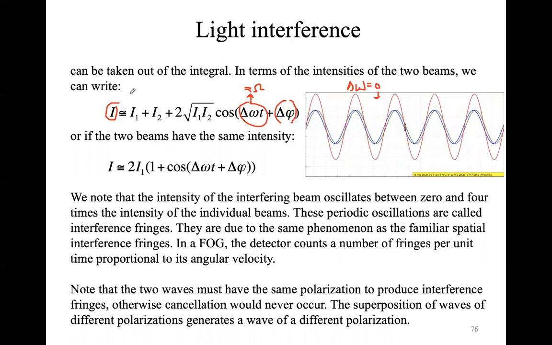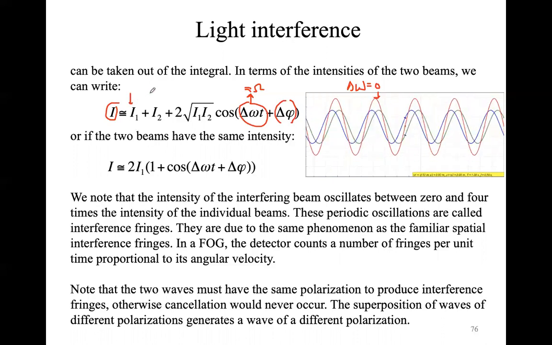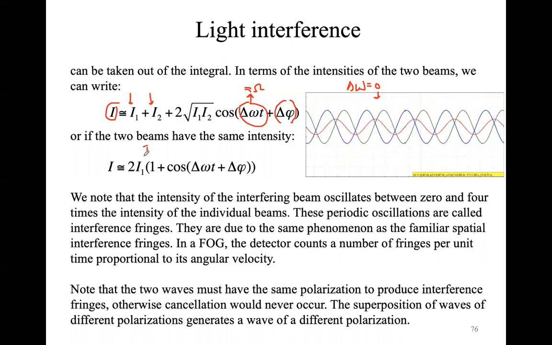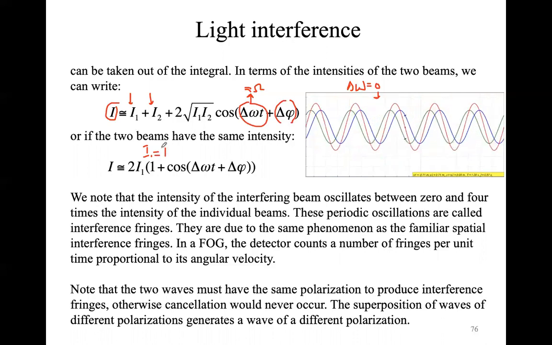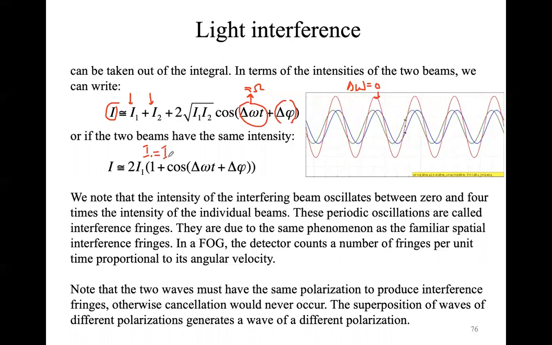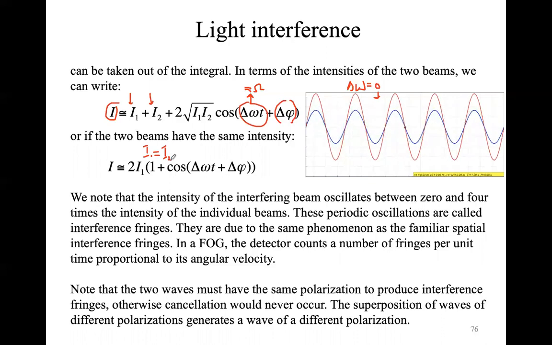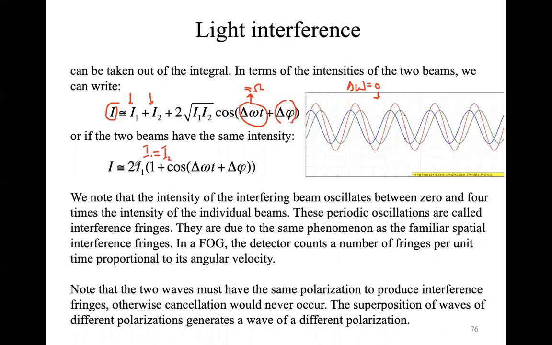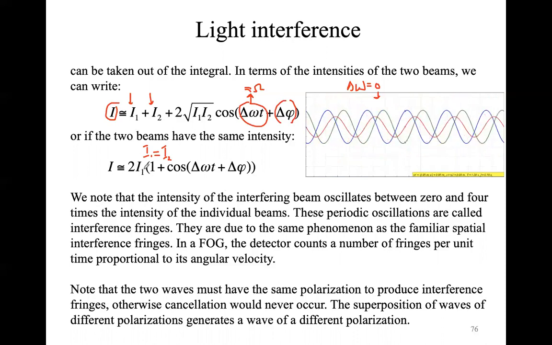So if we assume that the two signals have the same intensity, E1 equal to E2, these two signals are going to give you an interfering beam that oscillates between 4 times the intensity of the single beam and 0.